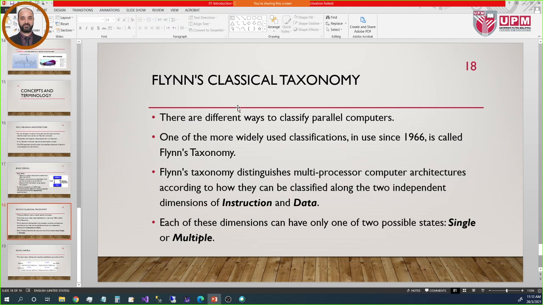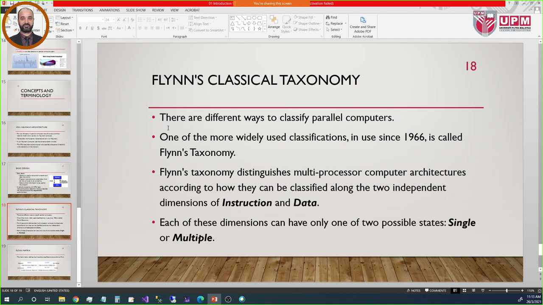Okay, now we come to something called Flynn's classic taxonomy. Flynn's classic taxonomy is very common when it comes to parallel computing.